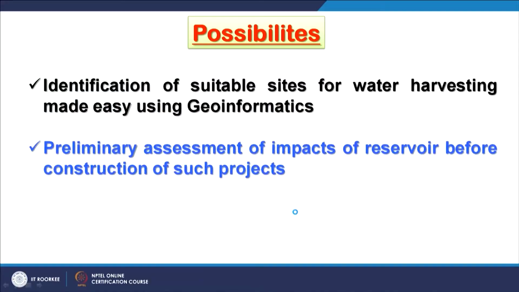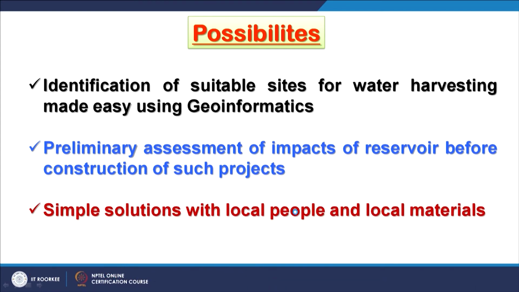For a detailed project report, obviously things have to be checked on the ground, but feasibility studies can be done very easily, and different scenarios and options can be created for better decisions. And simple solutions, this is my whole point of discussion: the solutions I am providing are very simple and implemented with local people and local material.